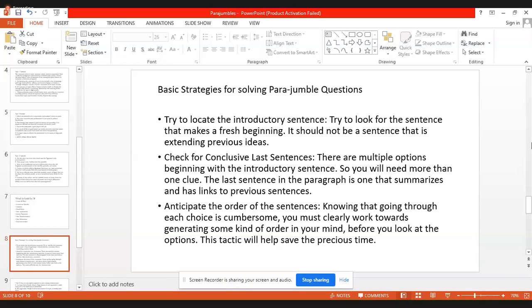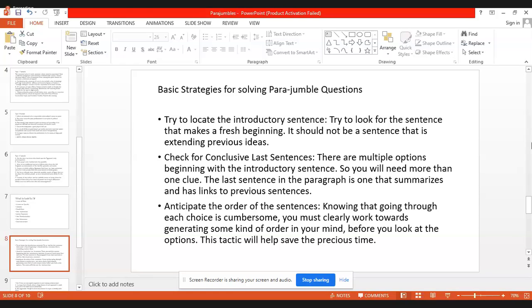So you will need more than one clue. The last sentence in the paragraph is one that summarizes and has links to previous sentences. Now the difference between introductory and concluding would be that an introductory sentence would not have links to anything said before, because that's a starting sentence, right? But a concluding sentence would be drawn from the previous sentences, because a concluding statement would summarize all the statements.